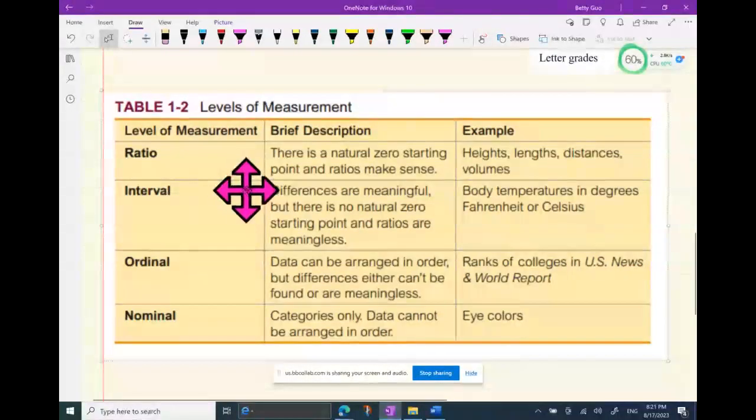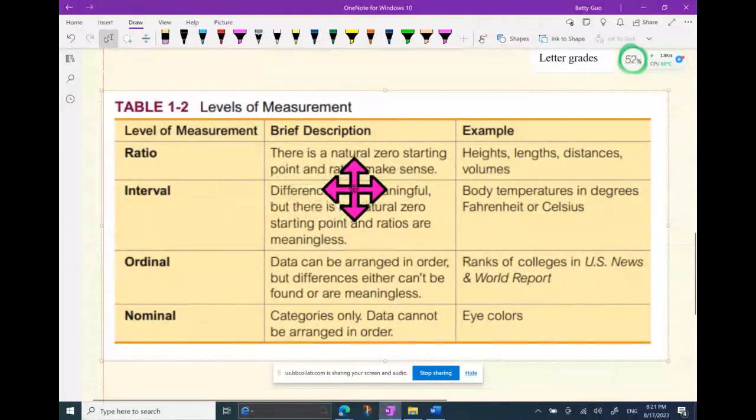Ratio level measurement has a true zero, a natural starting point, and ratios make sense. For example, height: your height is twice your son's height, or triple, right? And there's a zero starting point for height. If the height is zero, that means there's no height, right?